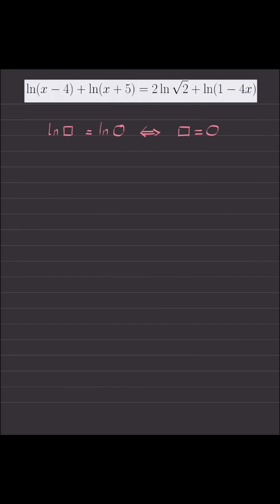In order to achieve the goal for the left-hand side, I remind you of this formula: if you have ln of a positive number A plus ln of another positive number B, then you can write it as ln of the product of A and B. For the right-hand side, I want to use this property: if you have a number p multiplied by ln of a positive number A, you can bring it up and put it as the exponent of A. So that is the target.